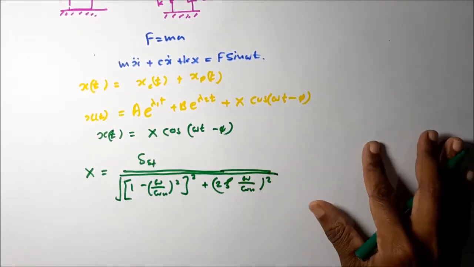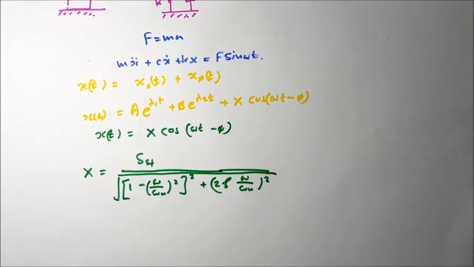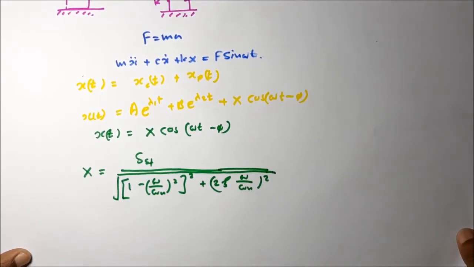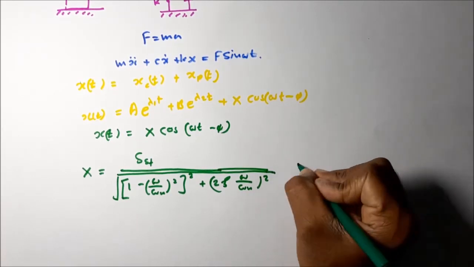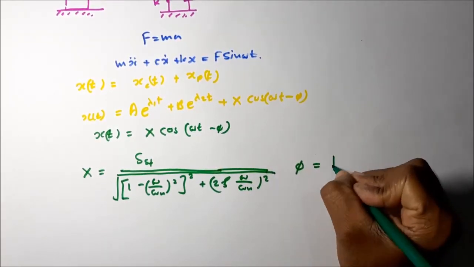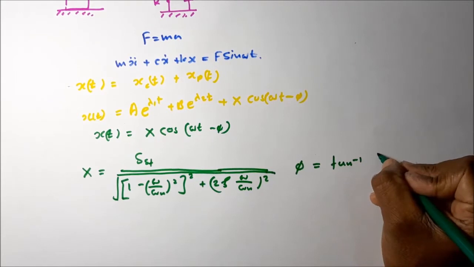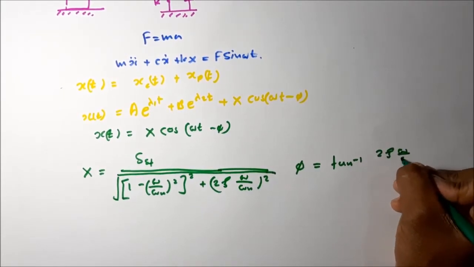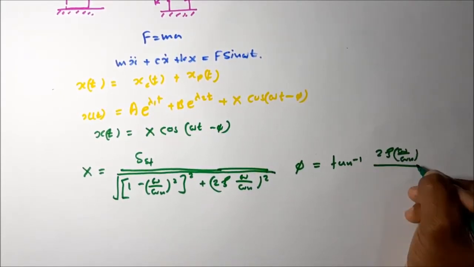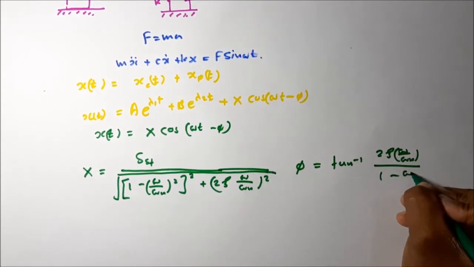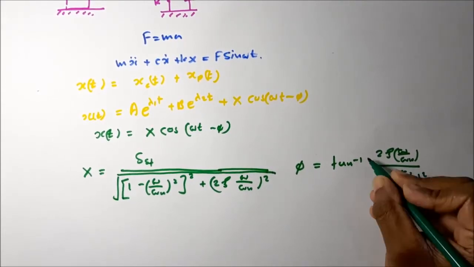We can also obtain the phase shift with the excitation function: phi equals tan inverse of 2 zeta omega divided by omega n, divided by 1 minus (omega divided by omega n) squared.